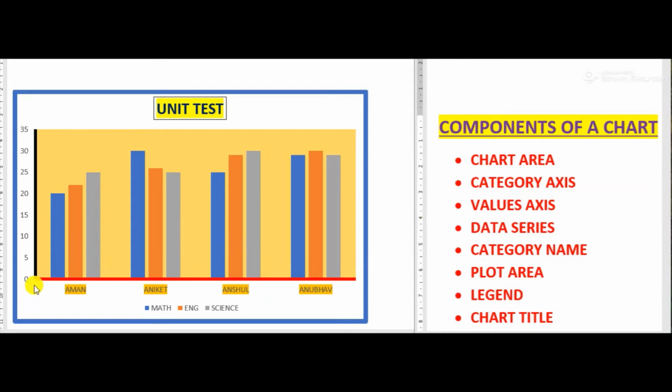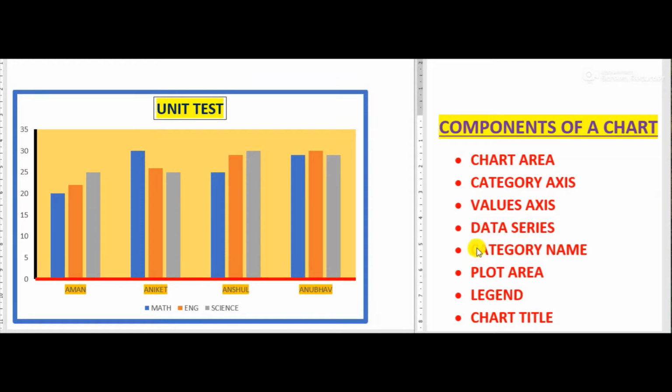Here this black line is indicating the value axis, and we can observe these values present here like 0, 5, 10, 15, 20, etc. So this vertical axis is the value axis, and this horizontal axis is the category axis of the chart.